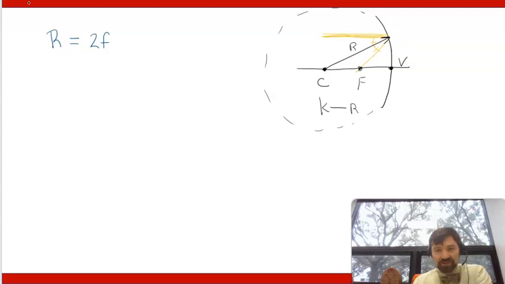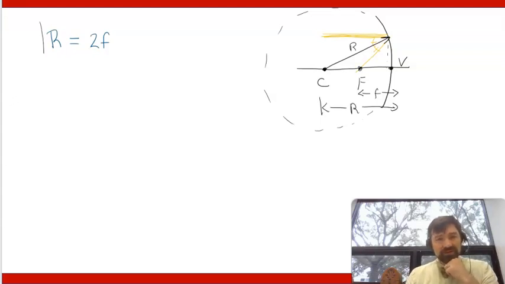So that means that this distance right here is R, this distance right here is f, and you can see that there's roughly 2 f's for an R. A more convincing argument might be to make use of sines and these lengths in terms of the sine of the angles. Essentially, this ends up being true provided that we're using a very small slice of our sphere. If we're having to use a big chunk of the sphere, then this starts to break down a little bit and you end up with multiple points that are like the focus.